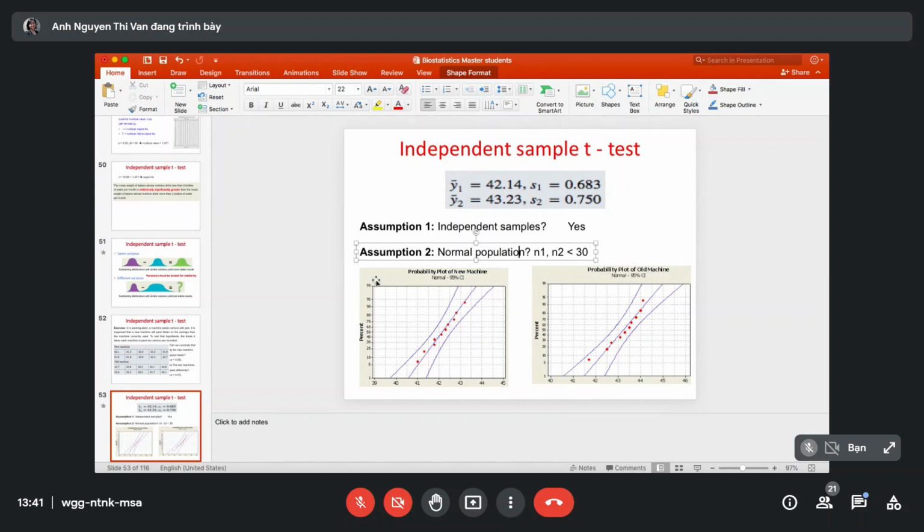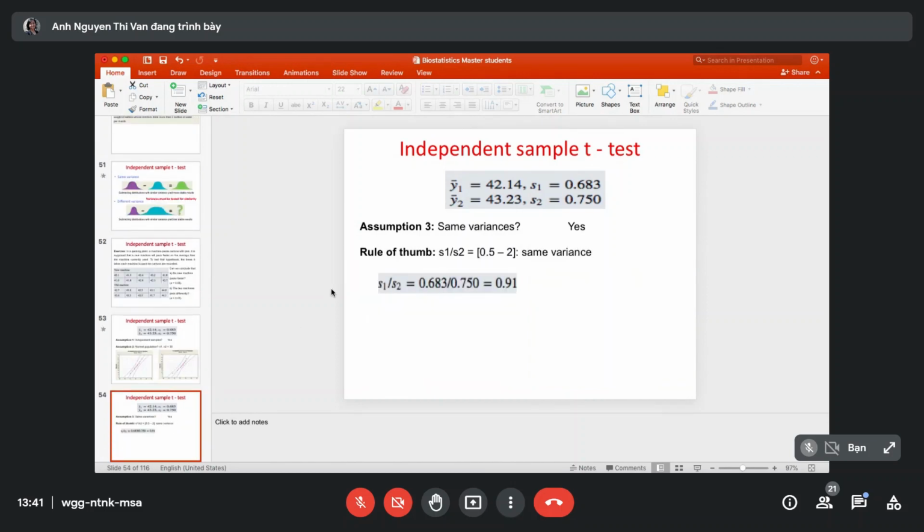And so after you check the two assumptions of the independent sample t-test, oh, there is another assumption that I also forgot, that is about the variance. Okay? Because we will have the computation for equal variance or unequal variance. Okay, so you need to check about the variances too.